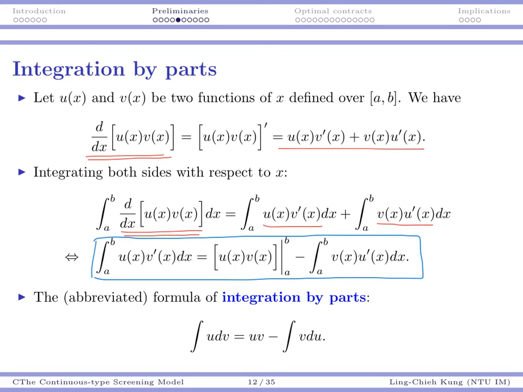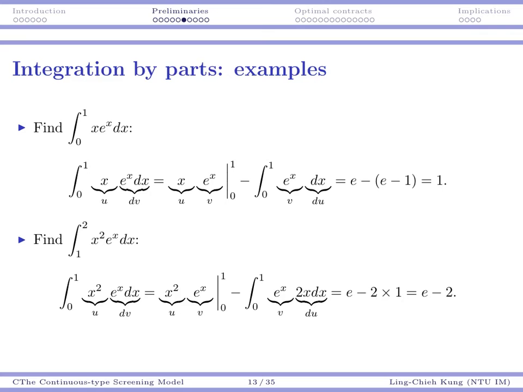So let's see some examples. Suppose I want to calculate the integral of x e to the power of x from 0 to 1. So I don't have any way to do it directly, but I can separate this thing into two parts. I can say u is x and dv is e^x dx.